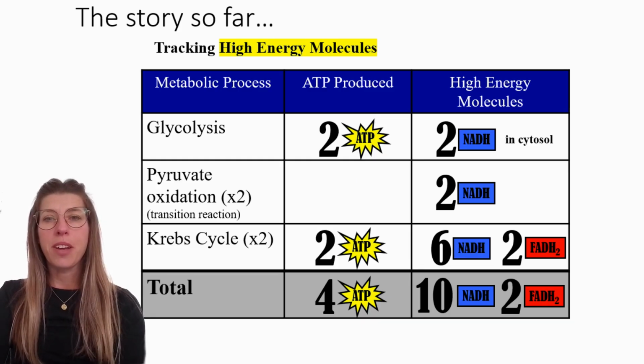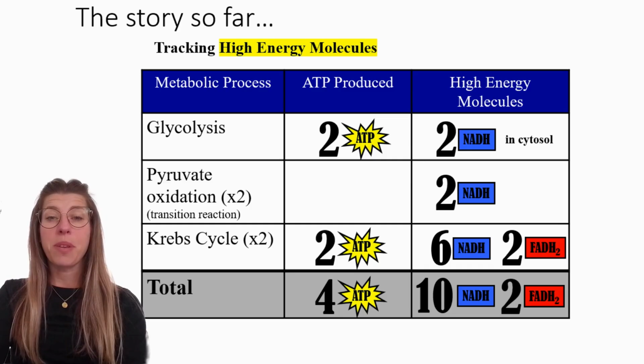So they're still very valuable to note as to how much are made. So we know that in glycolysis, 2 NADHs are produced in the cytosol, in that cytoplasm. During pyruvate oxidation, there are 2 NADHs that are also produced. Remember, for each pyruvate, 1 is produced. So we're looking at the grand total there.